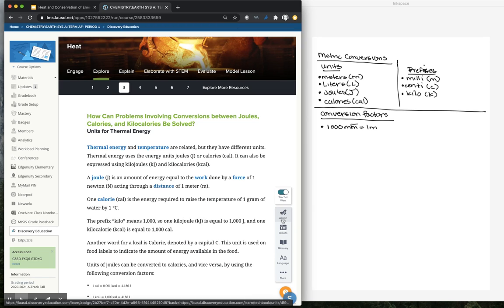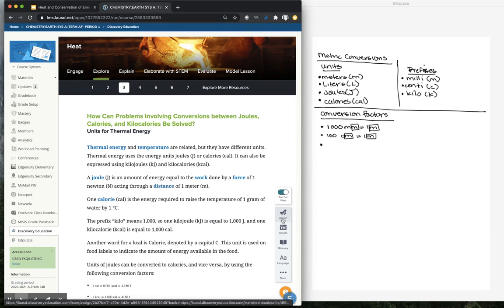Now, I'm going to box off the unit, right? And that box can be replaced with any of the units above. The second conversion factor is 100 centimeters is equal to 1 meter. Again, boxing off the units that can be replaced with any of the ones above.